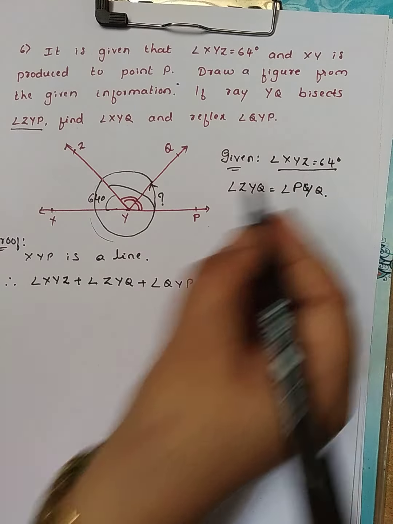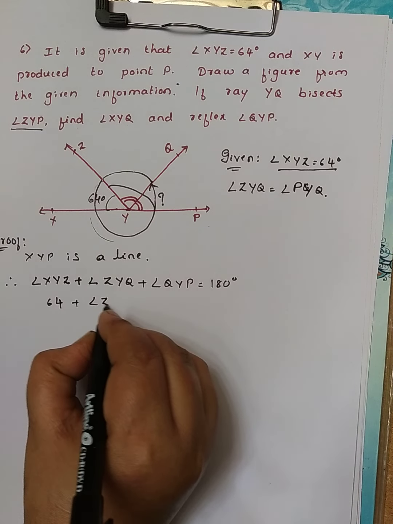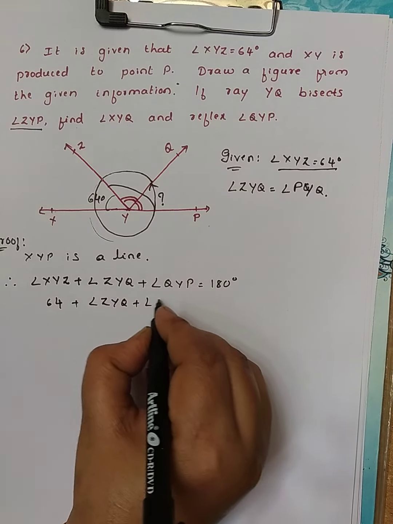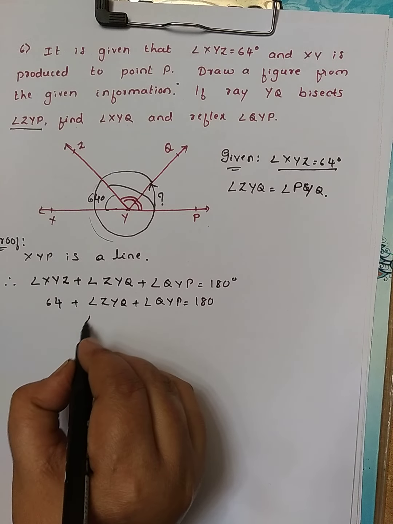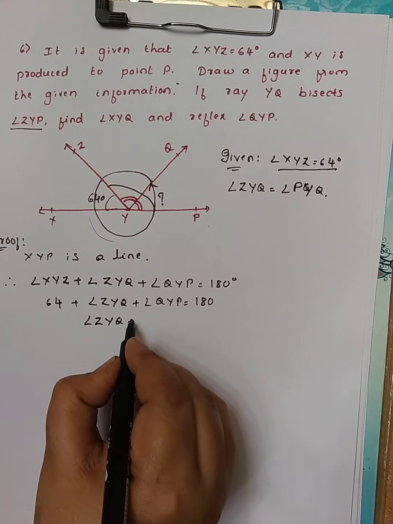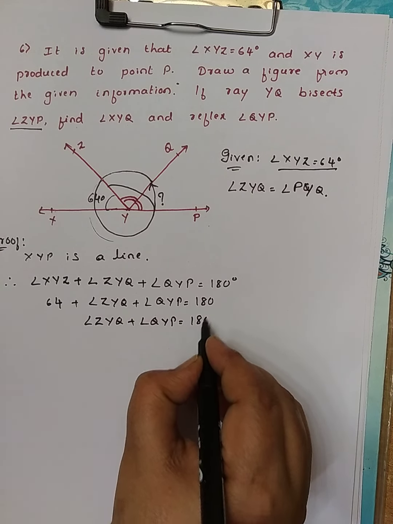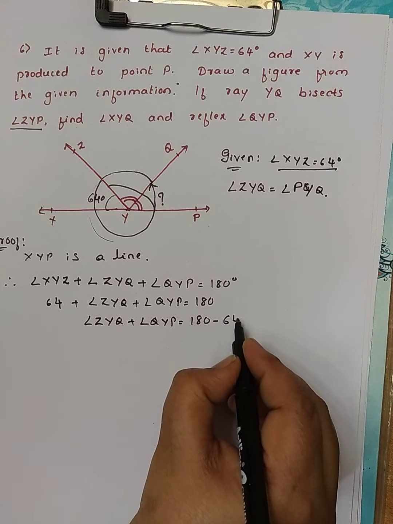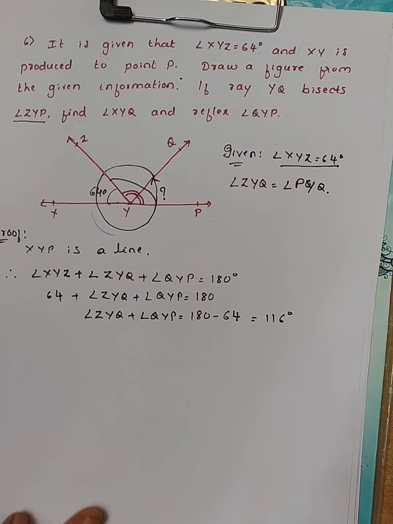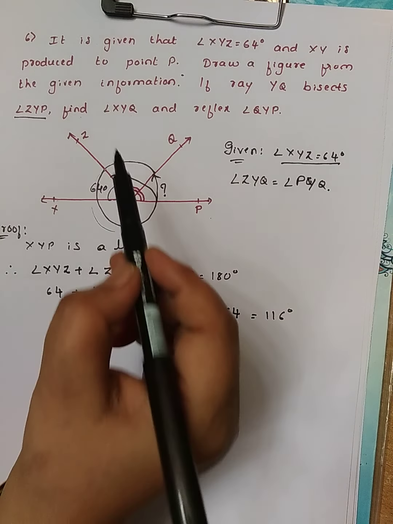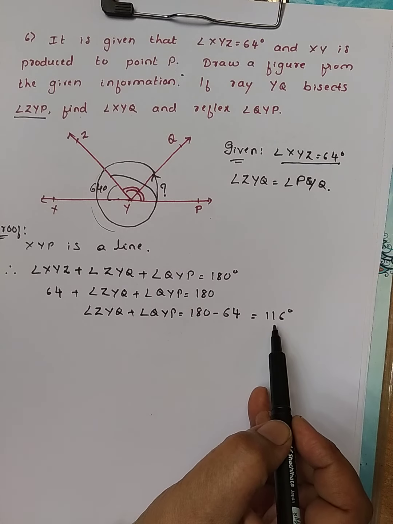By using this data, we substitute 64 plus angle ZYQ plus angle QYP equal to 180 degree. That is ZYQ plus angle QYP equal to 180 minus 64, that is we will get 116 degree. That is the sum of ZYQ and QYP is 116.